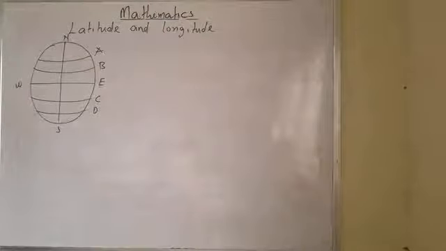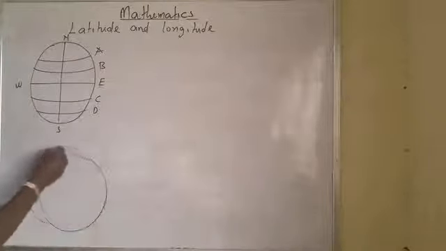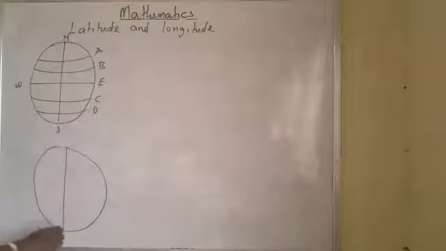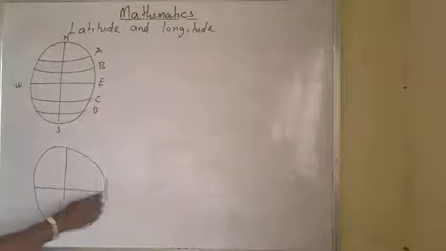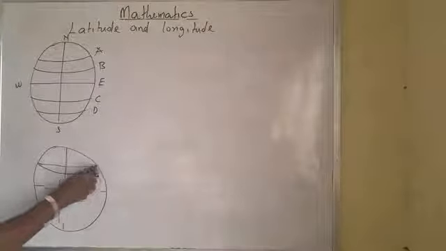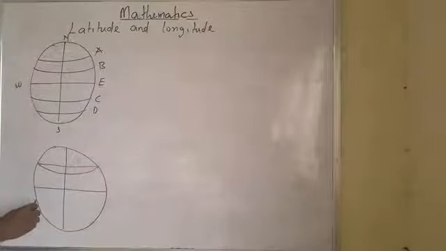Now, what I want you to understand is that A, B, C are latitude. Now, I have something like this. I have the first latitude and I have another latitude.